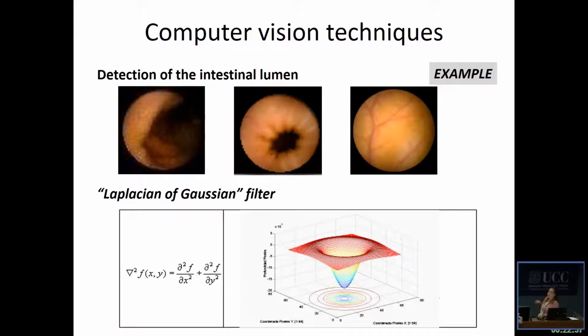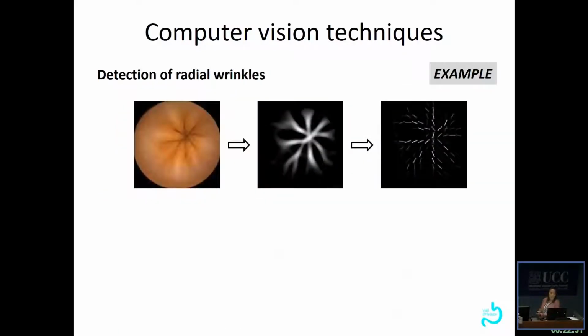This would be a contraction of smaller lumen, and the wall pattern, there's no blob there. Another tool they used was one that is mostly used in geography. It's applied to topographical maps to detect valleys and mountains, and they nicely detected the radial wrinkles that we saw in contractions.